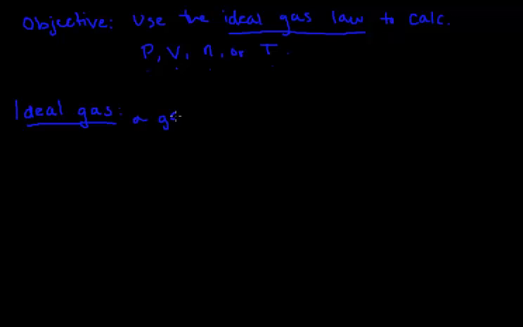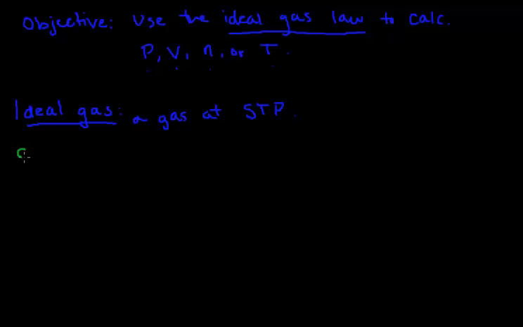An ideal gas is a gas at STP. And so STP, you'll remember from last week, was standard temperature and pressure. And so when a gas is at this standard temperature and pressure, so standard, ideal, they're kind of going with the same idea here, that the gas, we can predict how the gas particles will behave. And so using that information, we can predict the volume, the pressure, the number of moles, or the temperature. So that's what the ideal gas is.